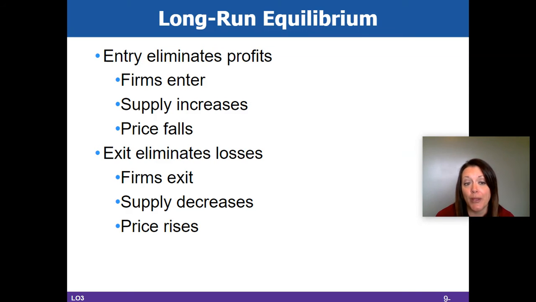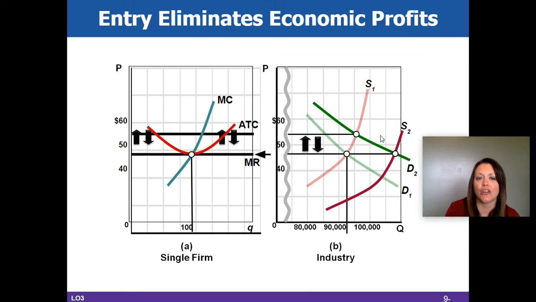They're at that shutdown point. When that happens, the number of sellers decreases, so supply will decrease. When supply decreases, price goes up. When price goes up, you start making money again. That's why people hold on during that loss minimizing situation.